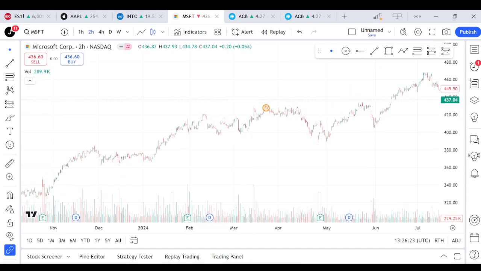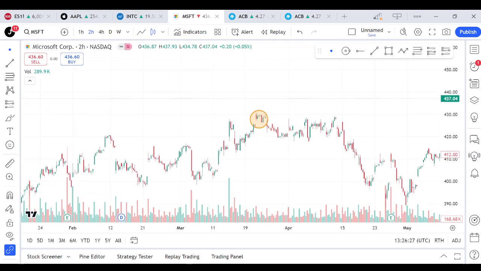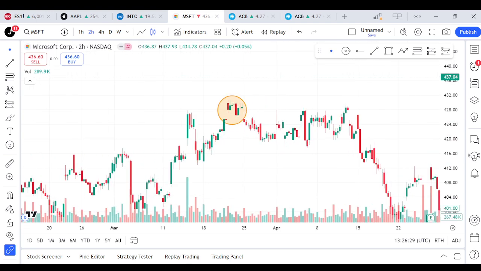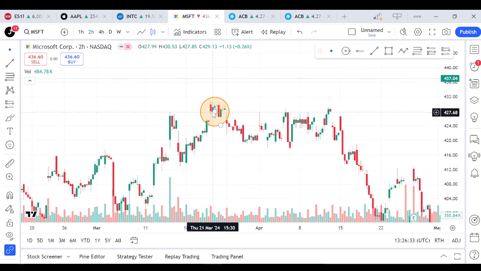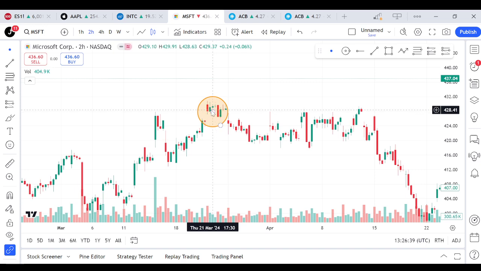Okay, this is one right here, and you can see this is a good example. First, we have the first candle, the bearish candle, then three small bullish candles contained within the range of the first candle, as you can see, and then we have the fourth candle closing below the close of the first candle.